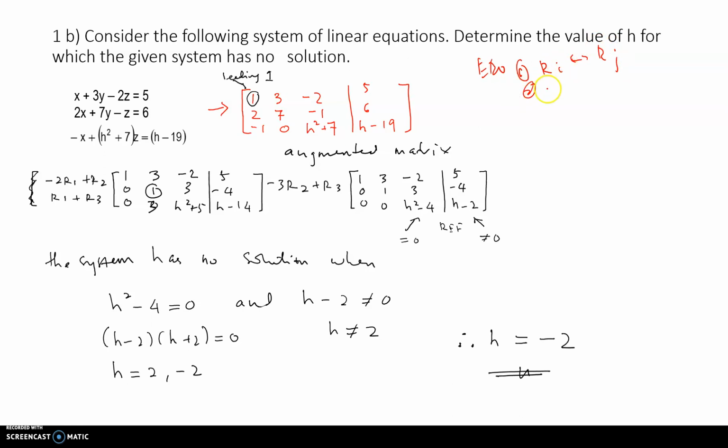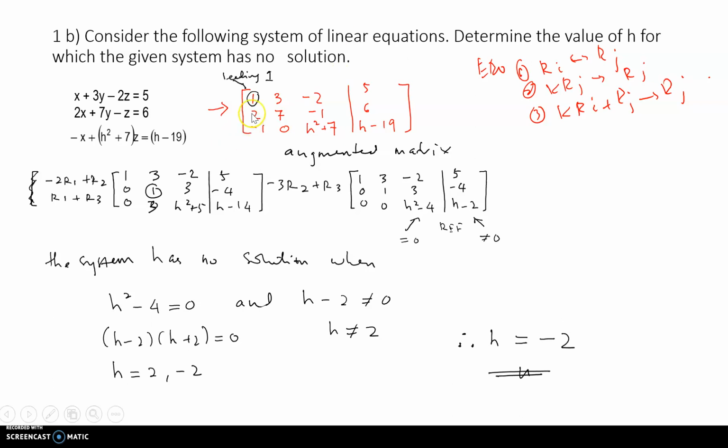Operation 2, multiply with a scalar, and then it changes to row j. And then number 3, addition: k Ri plus Rj changes in Rj. So these are the 3 elementary row operations.